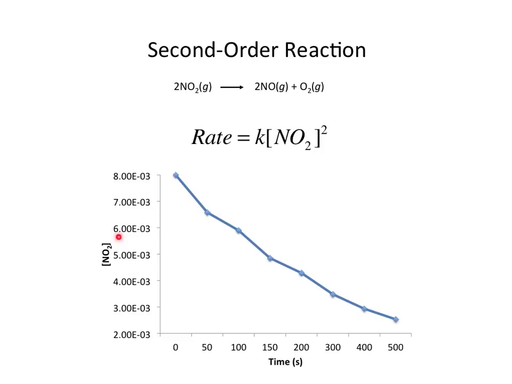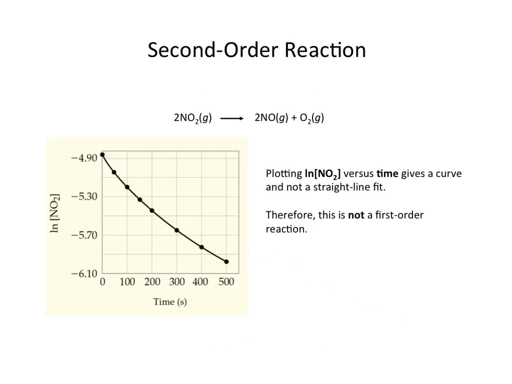When you graph the concentration of reactant on the y-axis and time on the x, you do not get a linear fit. Furthermore, if you graph the natural log of concentration versus time, you do not get a linear fit. You get a curve. This tells us that the reaction is not first order.